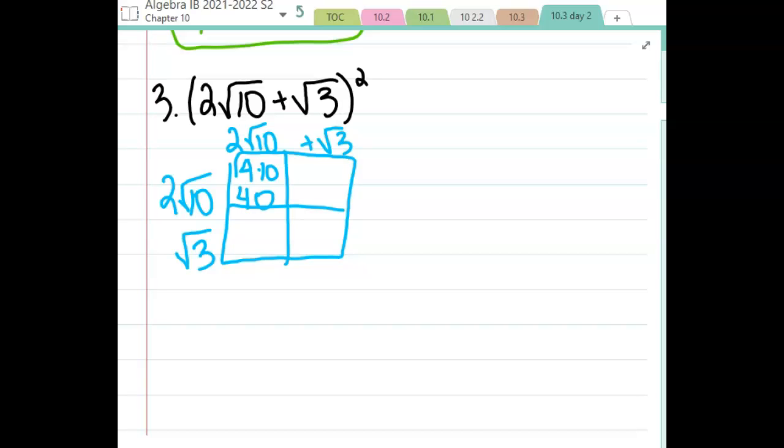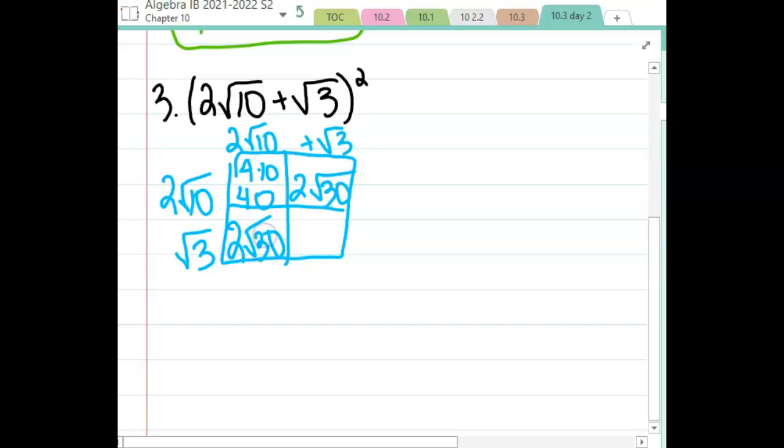This box, multiply the numbers on the outside. The only thing on the outside here is the 2. When you multiply your radicals, under the radical you have 10 times 3, which is 30. Now when you have a quantity squared, I guarantee you these two boxes are going to be the exact same thing, because I'm also multiplying the square root of 3 times 2 square roots of 10, which is still 2 square roots of 30.